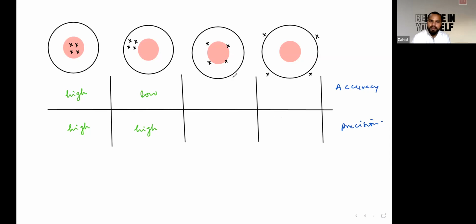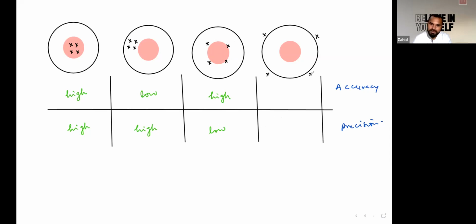Okay. So what do you conclude about the third part? Since these experimental values are far from each other, you will say it has low precision, but they are closer to this particular true value, so it will have high accuracy.